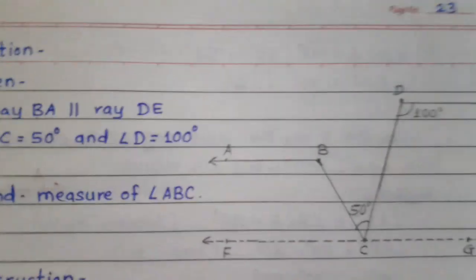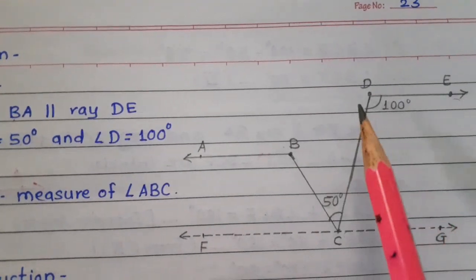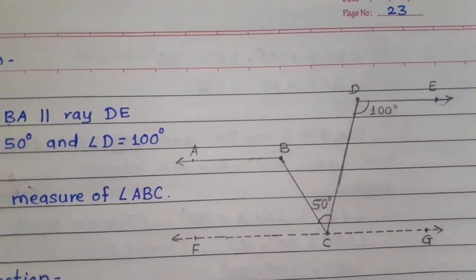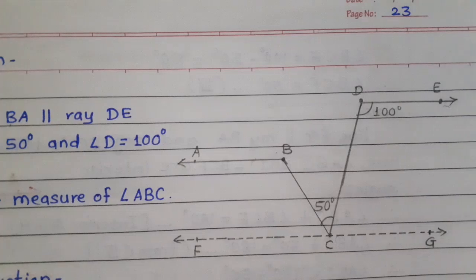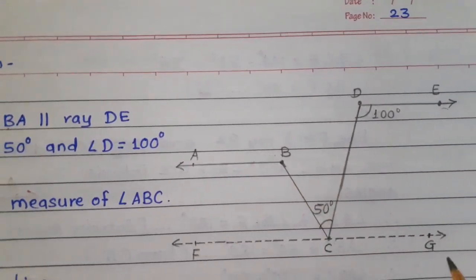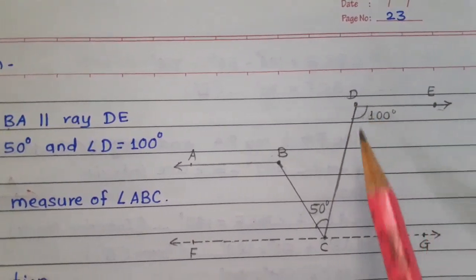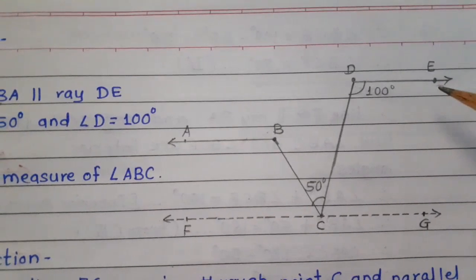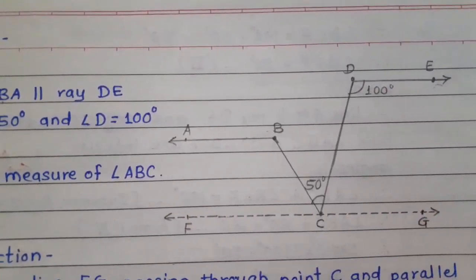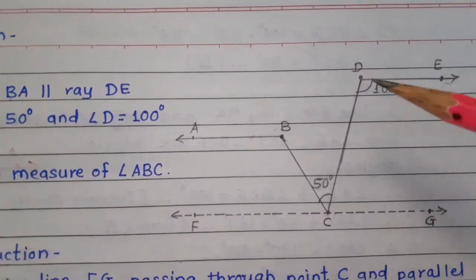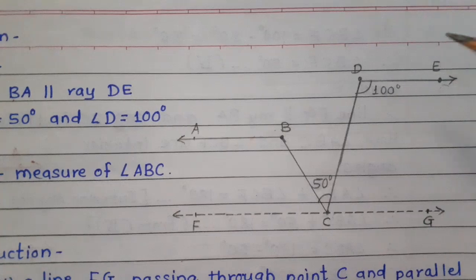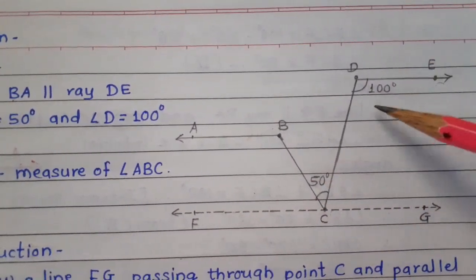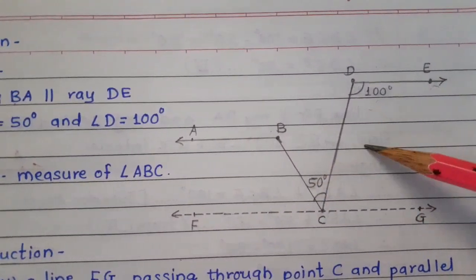Now we have line FG parallel to ray DE and segment DC is their transversal. So here angle EDC and angle DCF, these two angles are alternate angles.